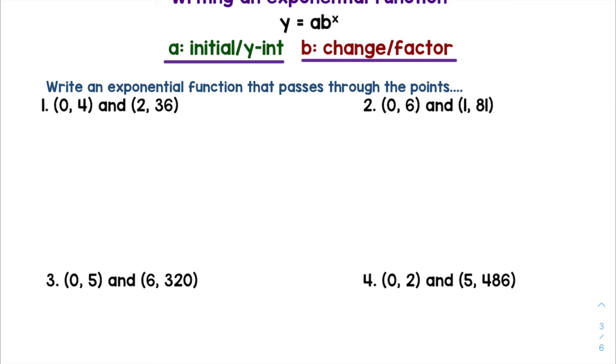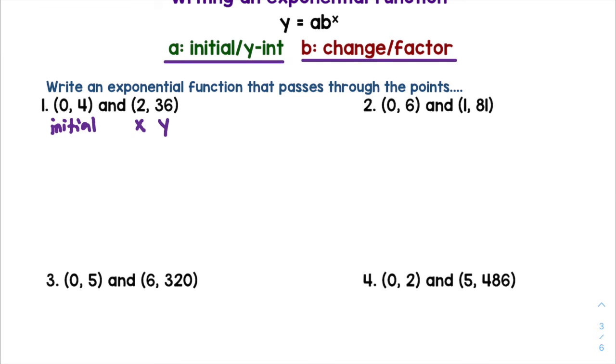What they're going to give us is 2 ordered pairs for each problem, in which the first ordered pair, for example, problem number 1, 0, 4, is your initial value, and a second ordered pair would represent an x and a y value. What we're looking for is the change, or the exponential factor, and then we could write our exponential equation or exponential function.